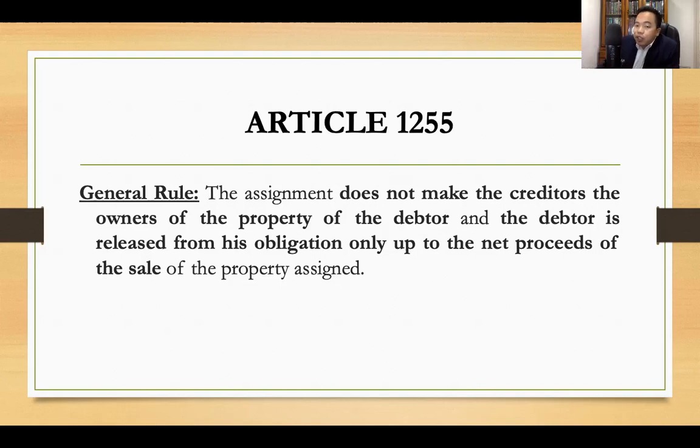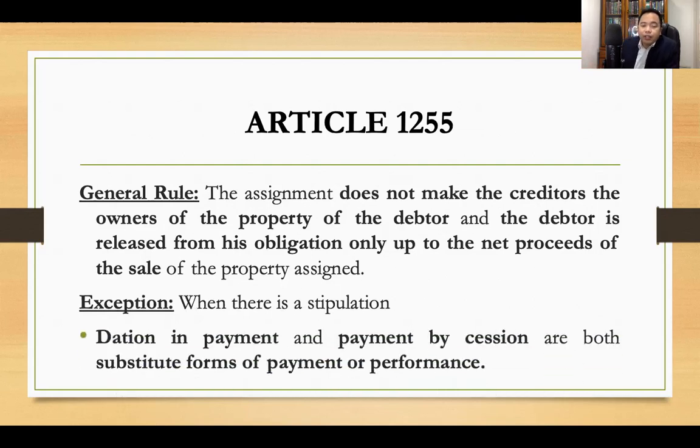If the net proceeds will suffice to pay the entire amount, then the obligation is completely extinguished. However, if the net proceeds will not suffice, then the obligation is only partially extinguished. Okay. Except when there is a stipulation to the contrary.